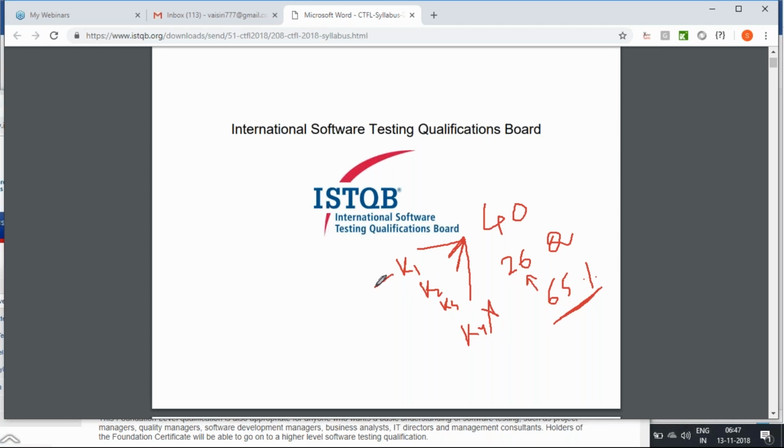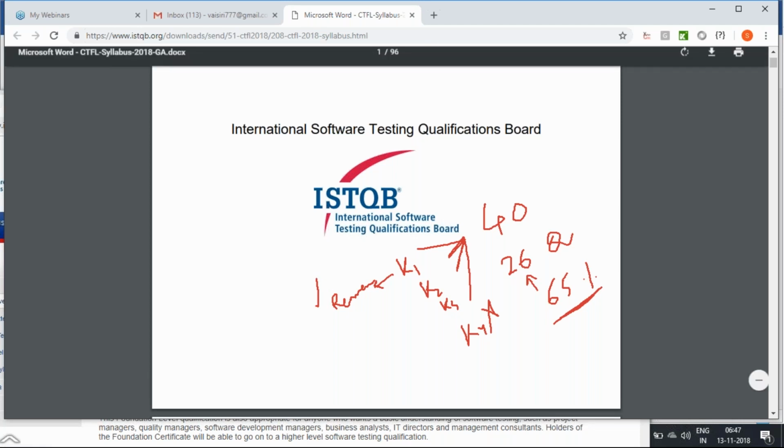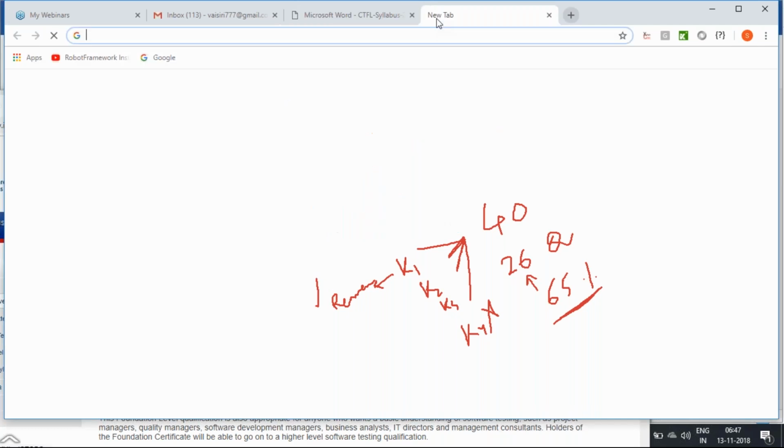K1 means we'll discuss a lot of definitions. You will just remember those definitions as they are, a lot of keywords, definitions. Then when you see the question, you'll choose the correct answer based on the definition that you remembered. I think I can show you, because if you need those definitions back, you can always get them.